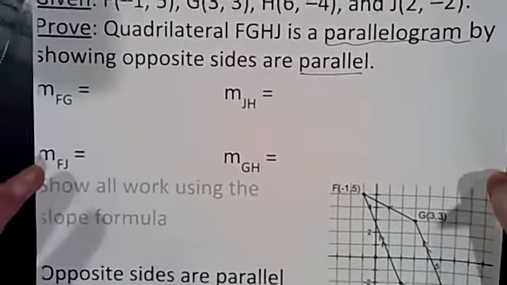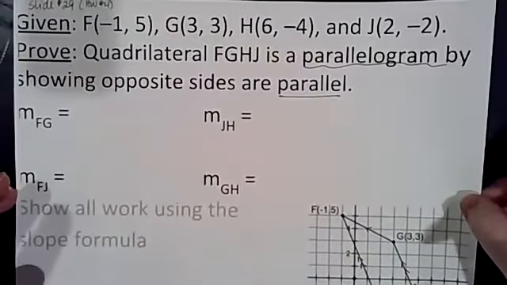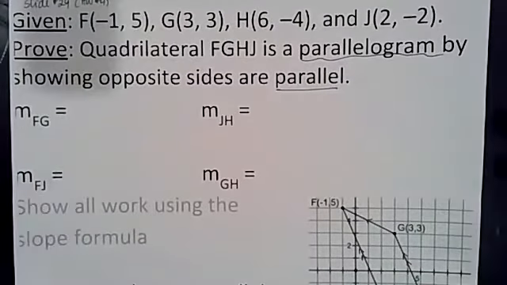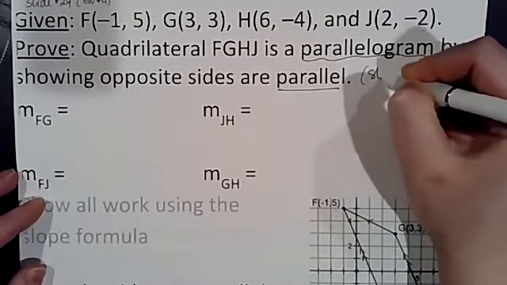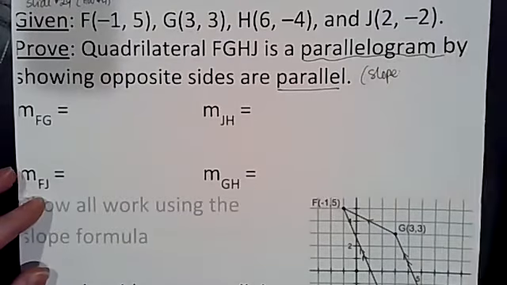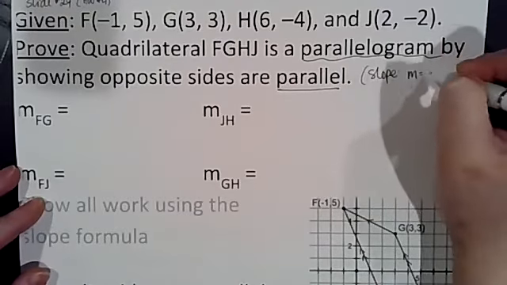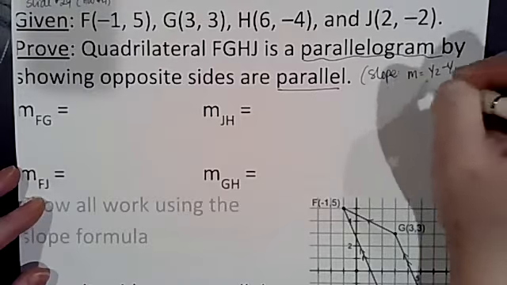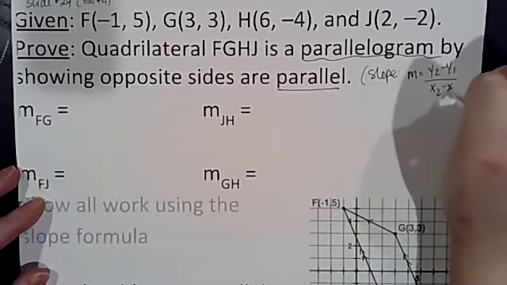Now, choosing between the slope, midpoint, or distance formula, how do I prove that the opposite sides are parallel? I'm going to use the slope formula, and as we recall, it's m equals y2 minus y1 over x2 minus x1.